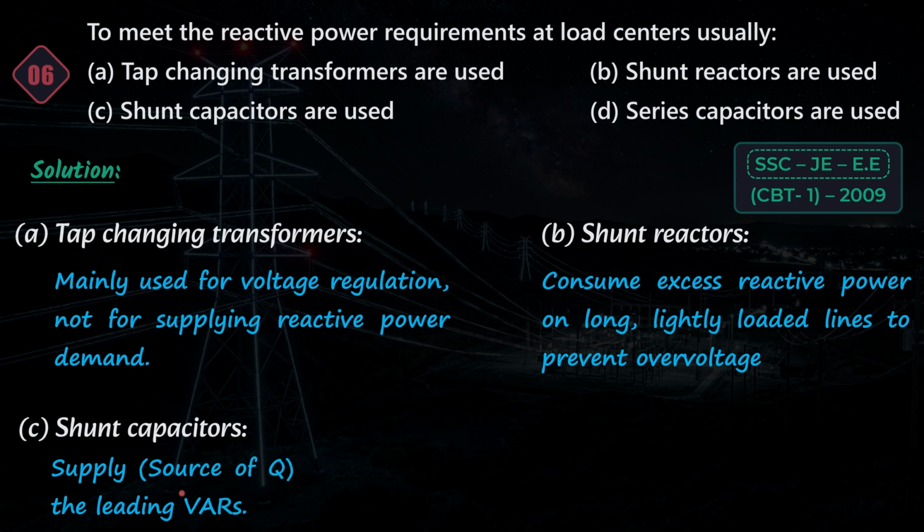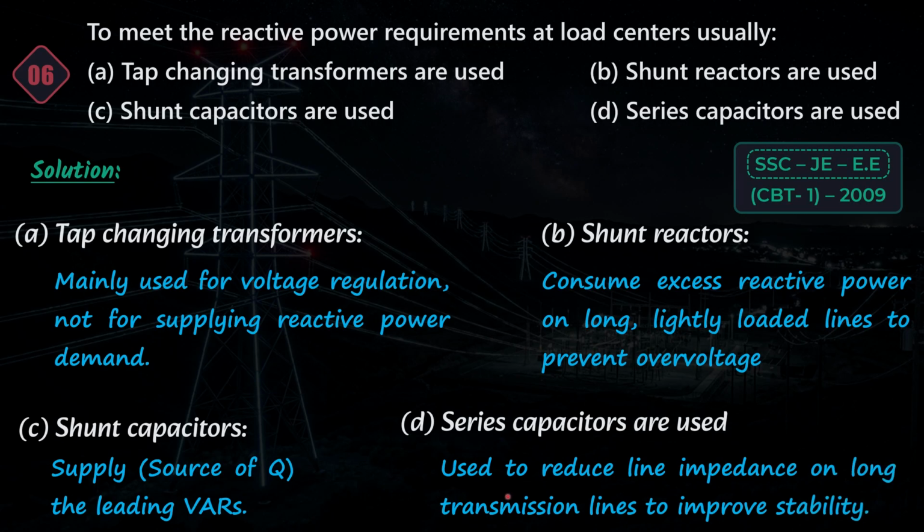Shunt capacitors, as we have discussed, supply the leading VARs and act as a source of reactive power. And option D, series capacitors. Series capacitors are used to reduce line impedance on long transmission lines to improve stability. Therefore, from the discussion, we conclude that option C is the right answer. To meet the reactive power requirement at load centers, usually shunt capacitors are used.